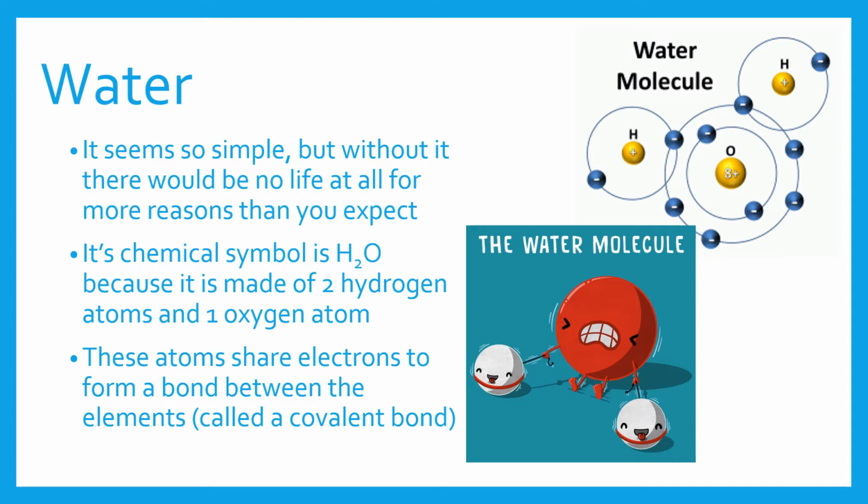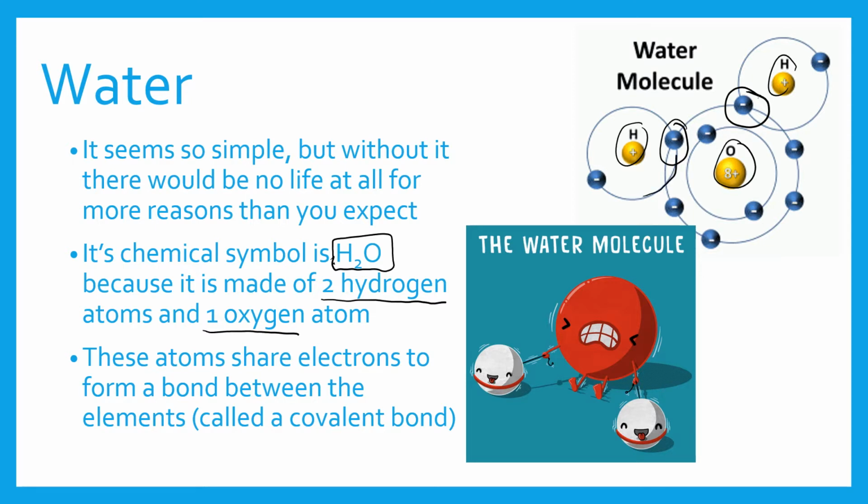So let's talk about its chemistry here. Its chemical symbol is H2O. You've probably heard that before. But why is it H2O? Well, that's because there are 2 hydrogen atoms and 1 oxygen atom. So here we have our oxygen atom and our hydrogen atoms. These atoms are going to share electrons. You can see right here, these electrons are being shared by both.